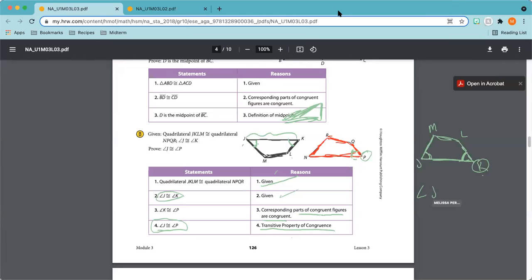So if angle J is congruent to angle K and angle K is congruent to angle P, then angle J is congruent to angle P. We see that? That's how the transitive property works. If J is the same as K, K is the same as this other one, then my first one and my last one should also be the same. That's your proof for what they want.